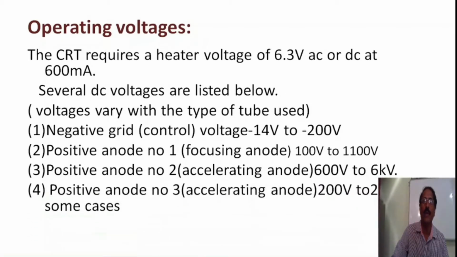One more accelerating anode is used in some cases, which requires a still higher voltage, that is 200 volt to 20 kilovolt.